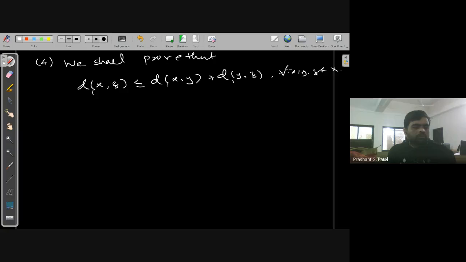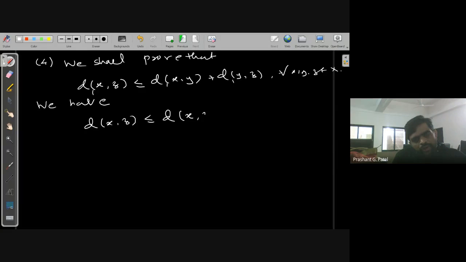So now the question is to prove this one. We have d of xz is less than or equal to d of xy plus d of yz. Due to d is a metric, this is true.